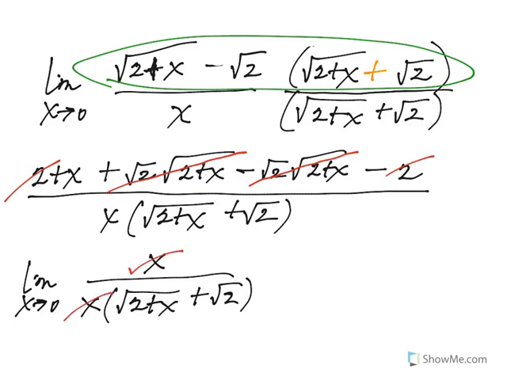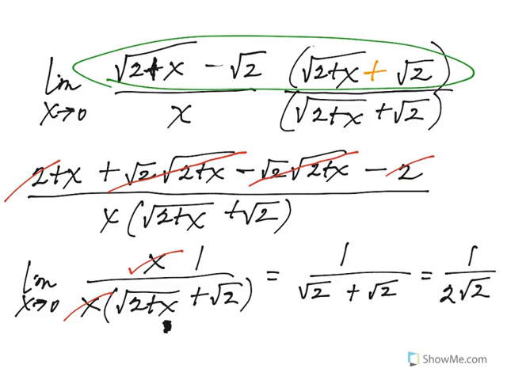But you can cross out those x's, leaving me a 1 on the top. And what I'm going to do is plug 0 in for x, this x right here. That's going to leave me root 2 plus 0 plus root 2, which is 1 over 2 square root of 2, because there's 1 here and there's 1 here. When I add them together, I get 2 of them. This, then, is my limit.